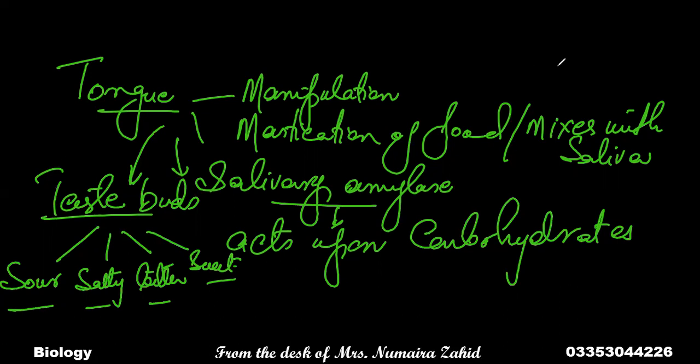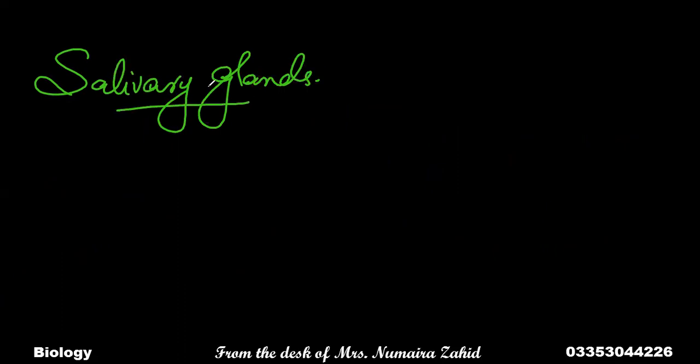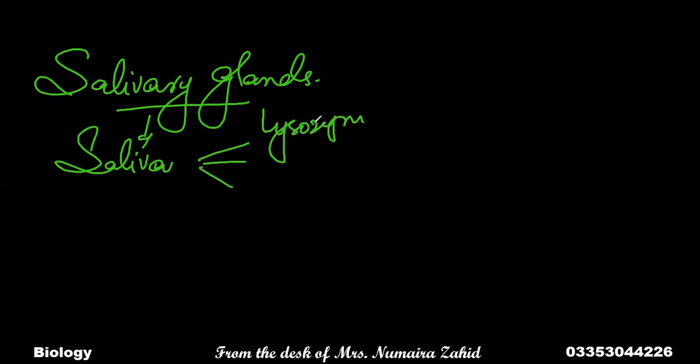Now let's discuss the functions of salivary glands. What are salivary glands? Salivary glands are the structures found in the oral cavity which secrete saliva. What does saliva contain? Saliva contains lysozymes and mucus.